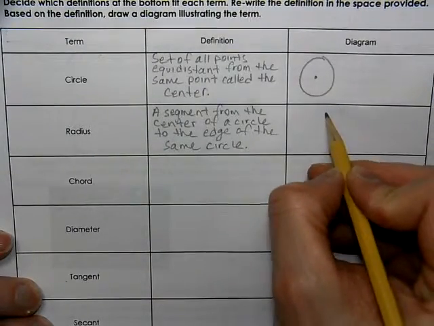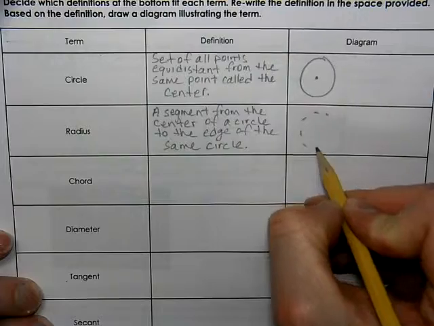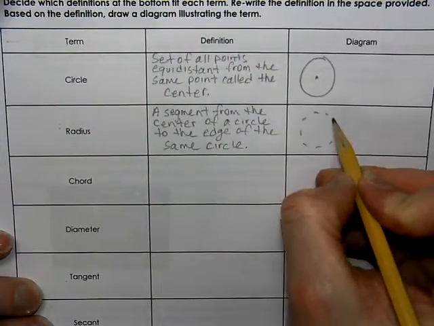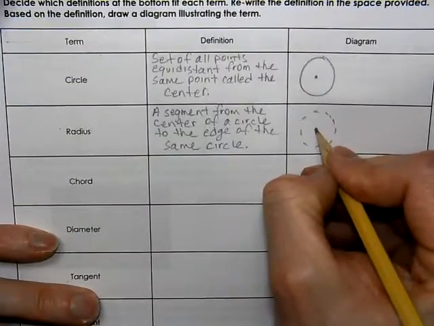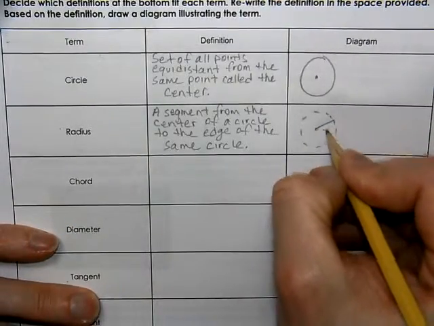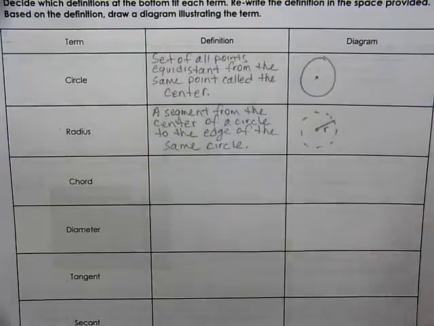So, if we had a circle, which isn't the main important part, so I'm going to make it dashed, the radius would go from the center to the edge, and that would be our R value.